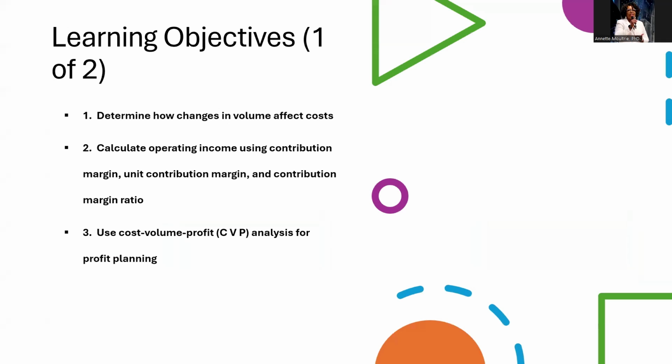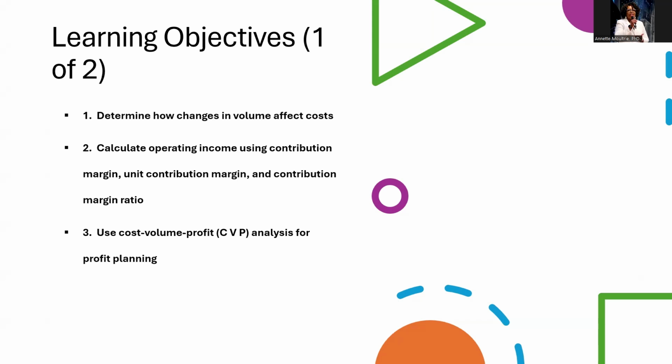The learning objectives. So the learning objectives of this chapter are: one, determine how changes in volume affect costs. Two, calculate operating income using contribution margin, unit contribution margin, and contribution margin ratio.